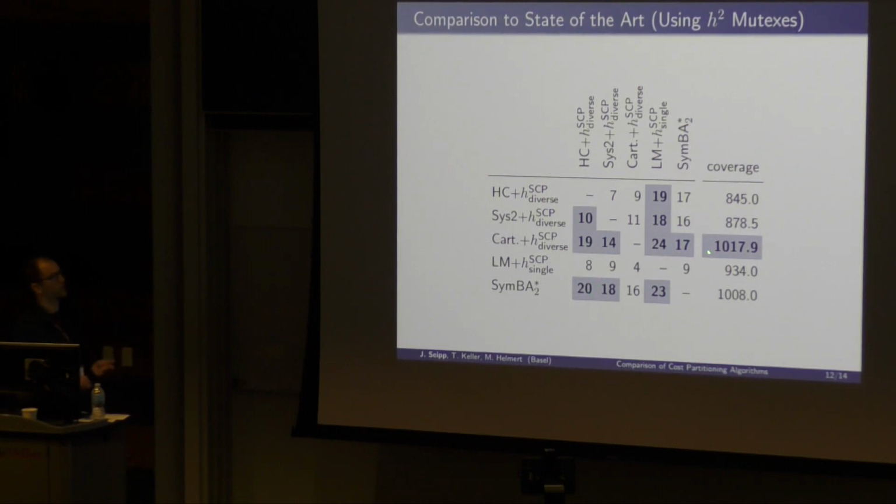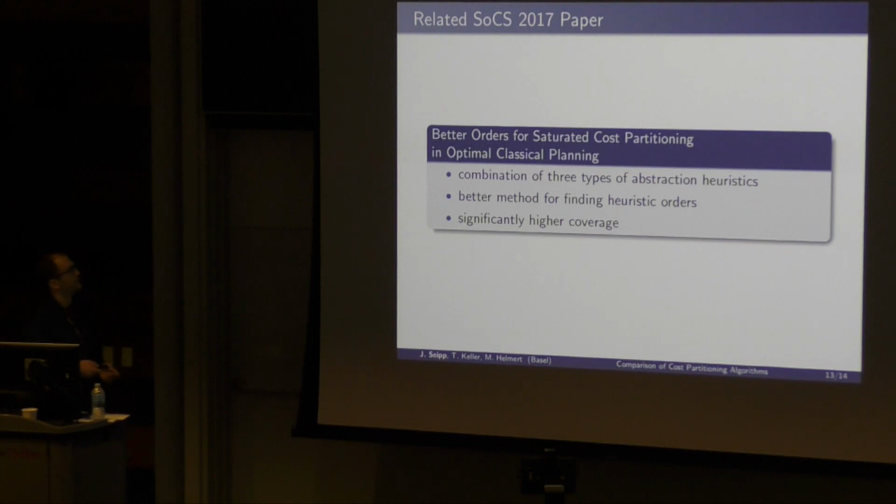But on a total coverage score, the Cartesian heuristics solve a little more problems. There's related work that was actually presented earlier at SOCS, where we combine these three types of abstraction heuristics, and we came up with a better method for finding good heuristic orders, and this actually raised coverage significantly.